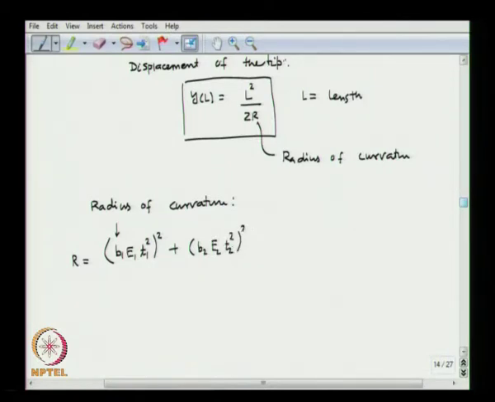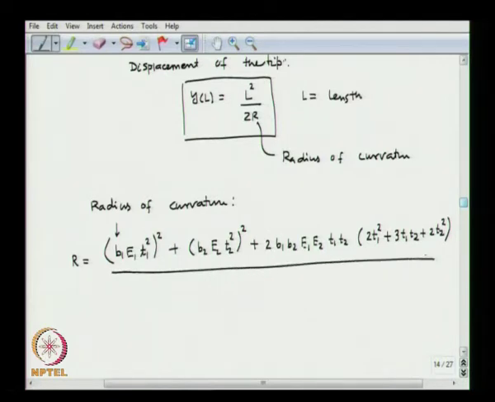These are the corresponding parameters for bimetal 2, plus 2 B1 B2 E1 E2 T1 T2 into 2 T1 square plus 3 T1 T2 plus 2 T2 square, divided by 6 into gamma 2 minus gamma 1.